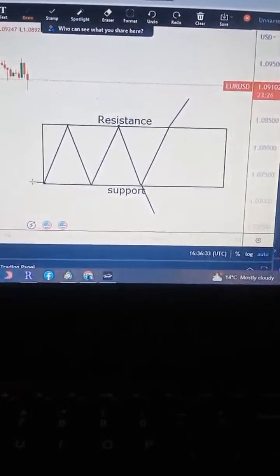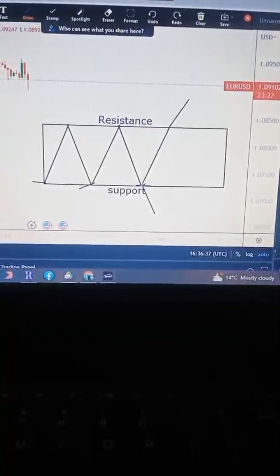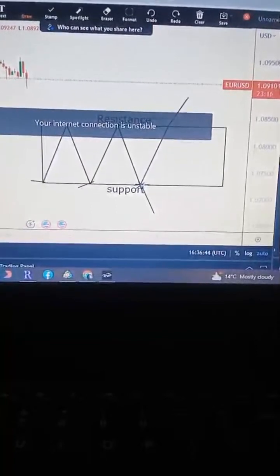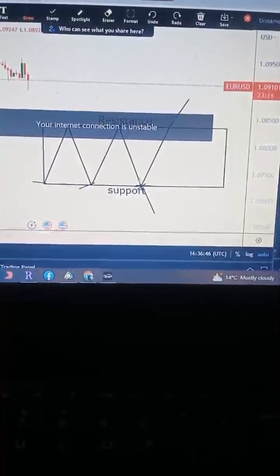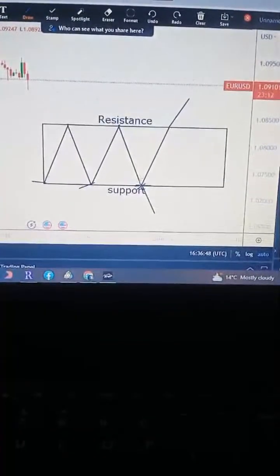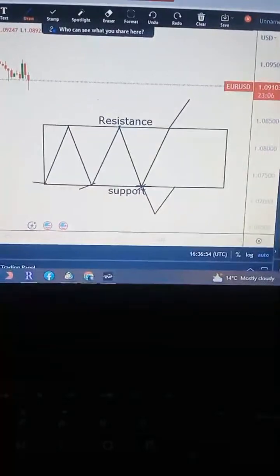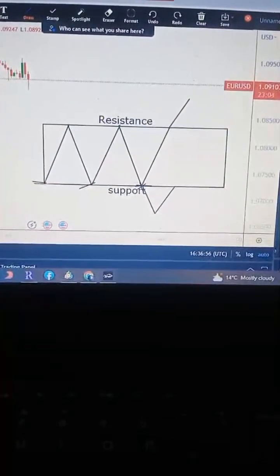Remember, you can buy here, but you cannot buy here. The reason why you cannot buy here is the market is weak, it hasn't recovered. So what you can do for yourself is to wait for the market to break this level. Eventually, after the breakout, the market will go up to test the level as a what? As a resistance. Remember, here we have a broken support.